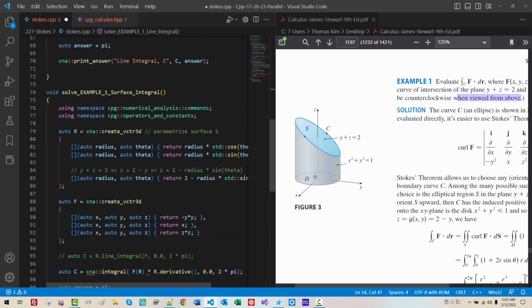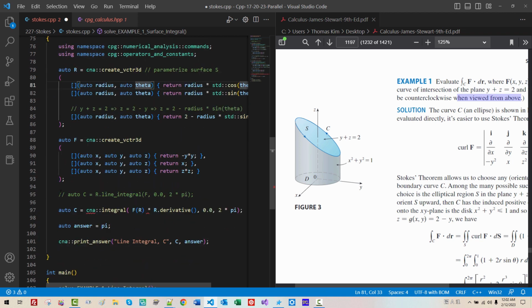However, in surface integral, these parameterize the surface. We need to be able to render the internal points of this surface as well. So we need 2 parameters, radius and theta.